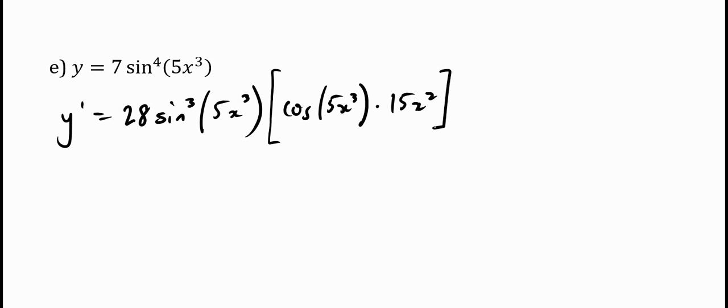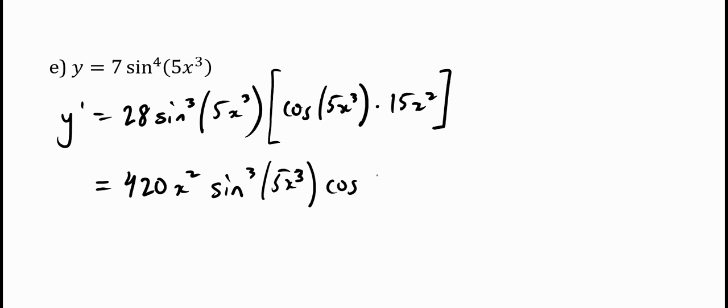And this is what I mean by cleaning it up. Typically, you would take these monomials. So 15 times 28 is 420x squared times sine cubed of 5x cubed times cos of 5x cubed.